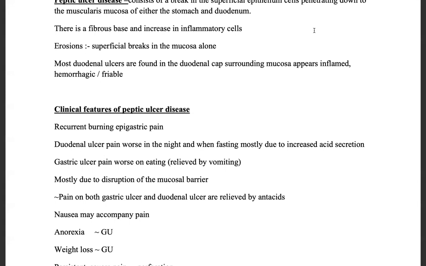So gastric ulcer pain is worse after eating. Usually it is relieved by vomiting. And remember, the pain caused by a gastric ulcer and duodenal ulcer are usually relieved by antacids. Okay.